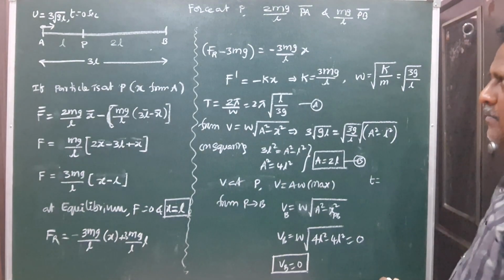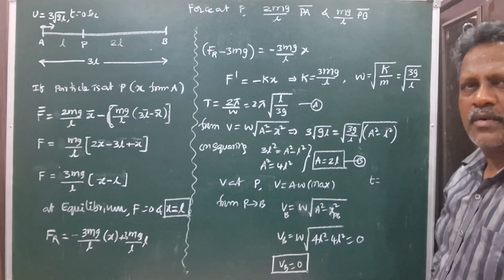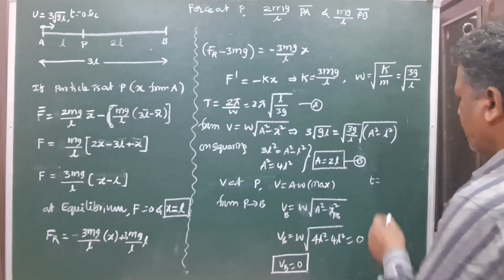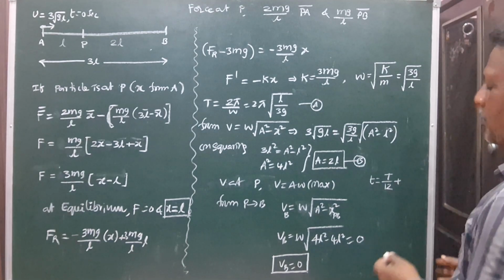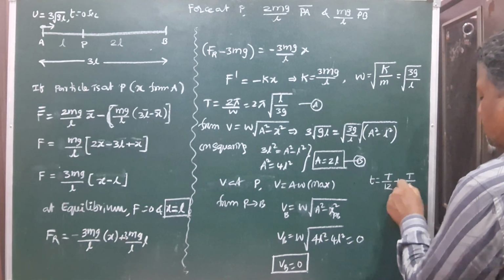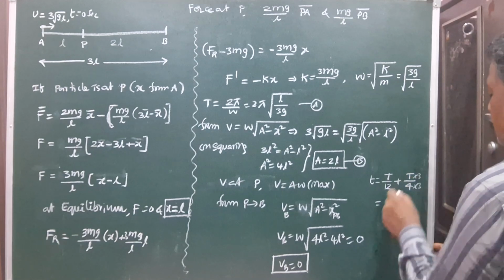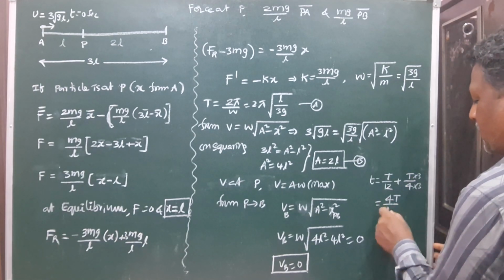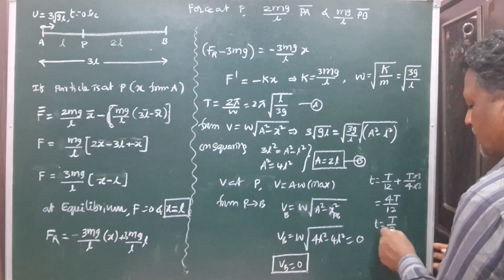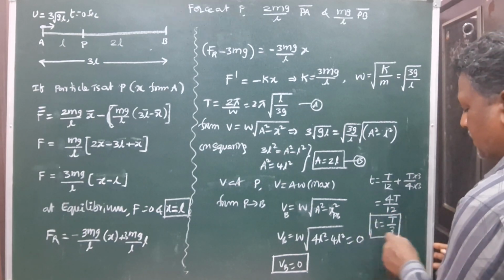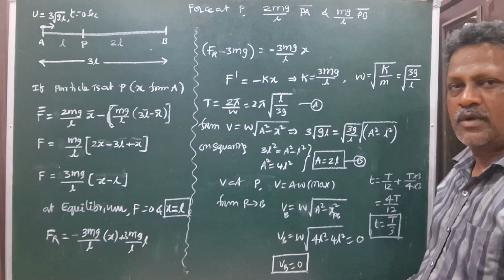So the time taken by a simple harmonic oscillator in traveling from the mean position to a displacement equal to half of the amplitude is T by 12, and the time taken from P to B is 1/4 of an oscillation, T by 4. So solving, we get 4T by 12. So the total time on reaching from A to B is T by 3 seconds. It's a good application of this problem. So we will connect with the next problem, a good problem. Thank you.